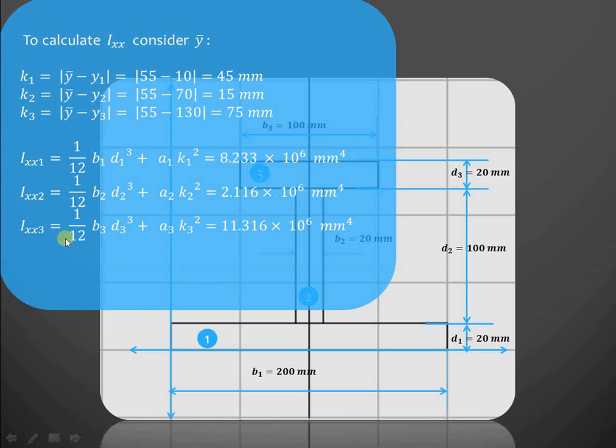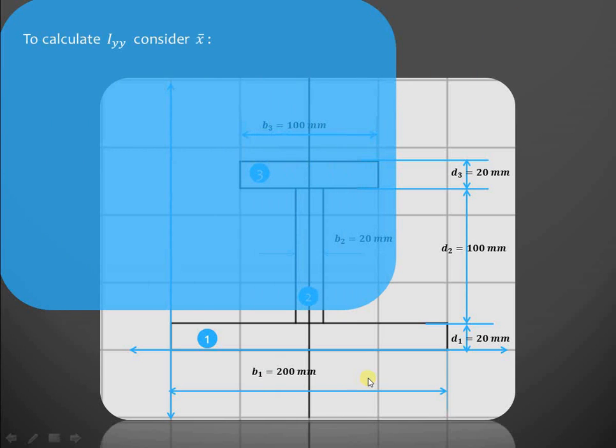And for the third section, again it is 1 by 12 b3 d3 cube plus a3 k3 square. And these are the corresponding values that we have already calculated by substituting the values of b1, d1, a1 and k1 and the respective values for the second and third sections. So total Ixx will be equal to the summation of all these values. So it is equal to 21.659 into 10 raised to 6 mm raised to 4.